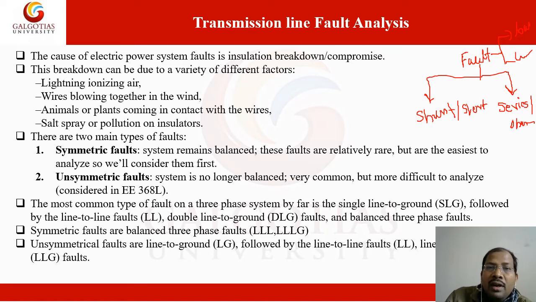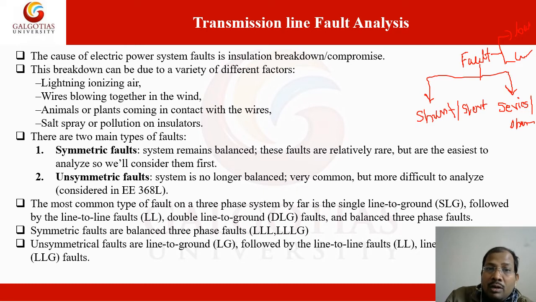So there are different causes of the fault. This is an abnormal condition in any electric power system. The cause of electric faults in the power system is insulation breakdown or compromise. Generally these breakdowns can occur due to environmental conditions or human-made conditions.